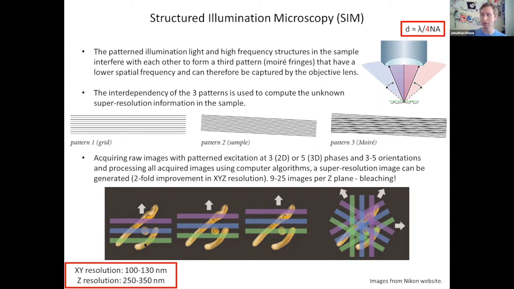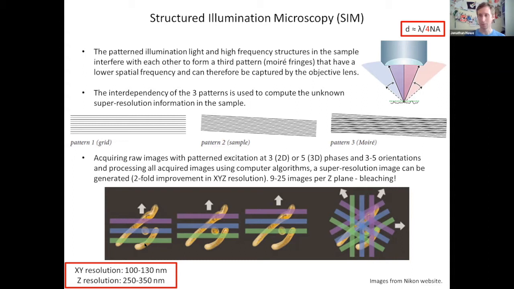These rotations are really to ensure that you build up resolution in all directions. We plug all of these raw images, and there could be up to 25 of them if you're doing 3D imaging, into a computer algorithm that then computes the super resolution image.